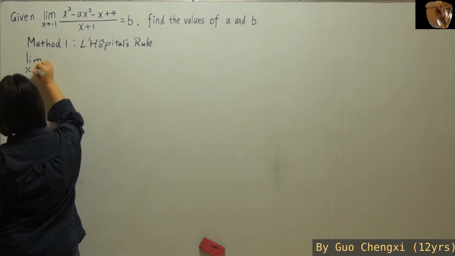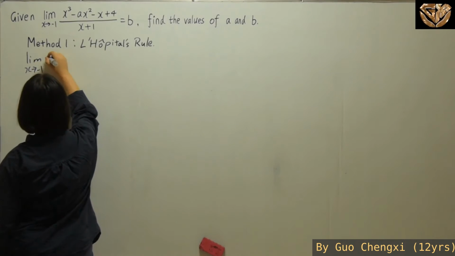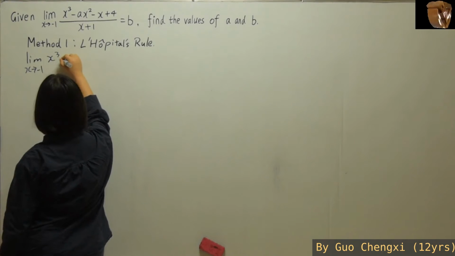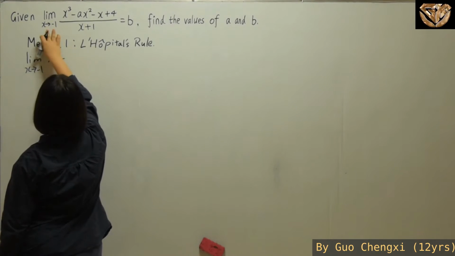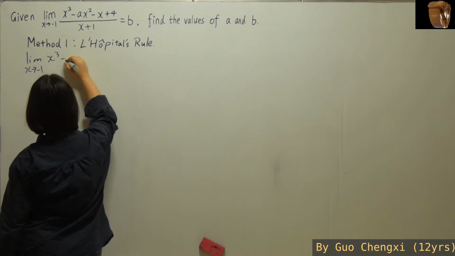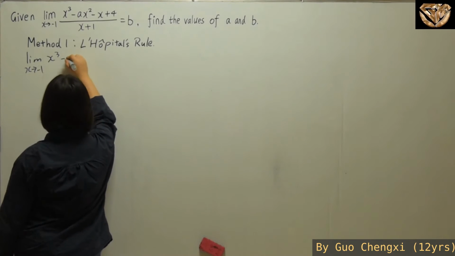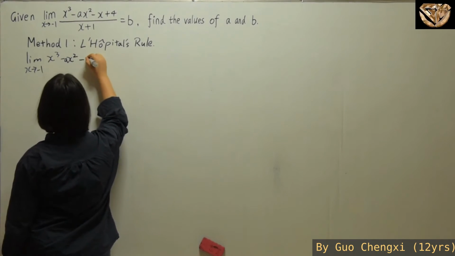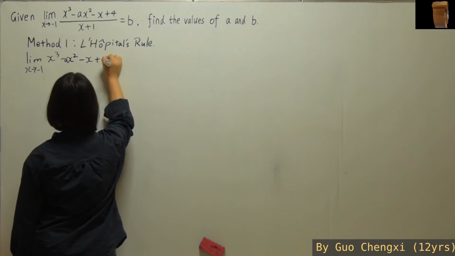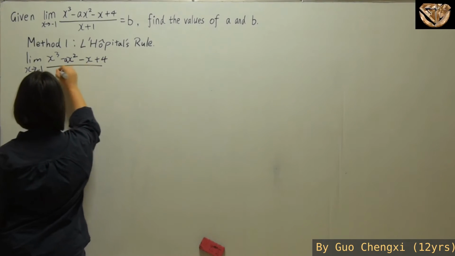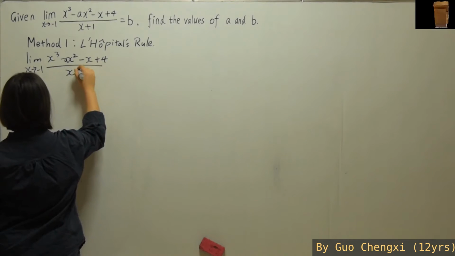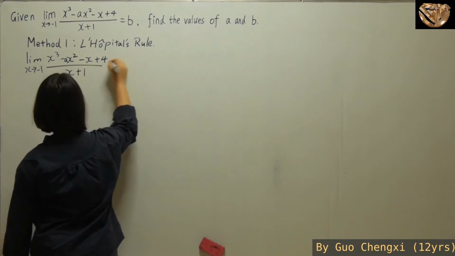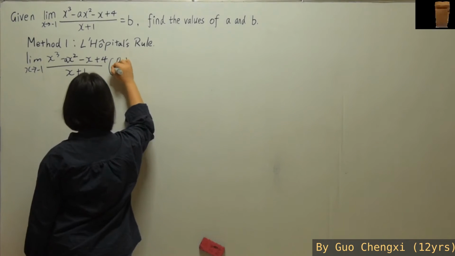You use L'Hopital's rule when there's 0 over 0. If you substitute x, negative 1 plus 1 is equal to 0, and thus the numerator would also be equal to 0, where we have 0 over 0, causing us to use L'Hopital's rule.